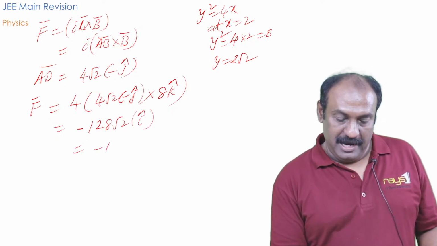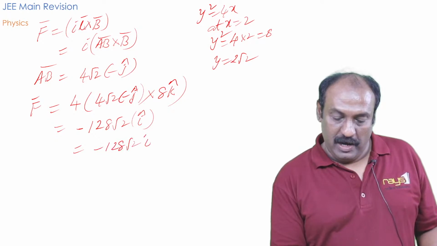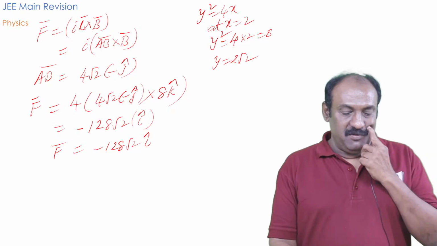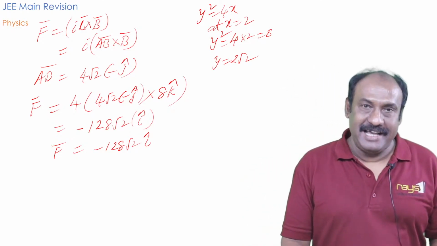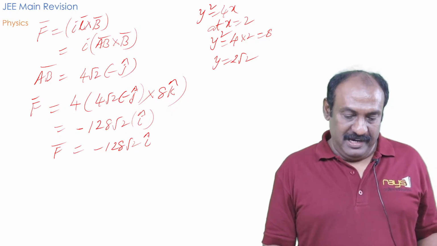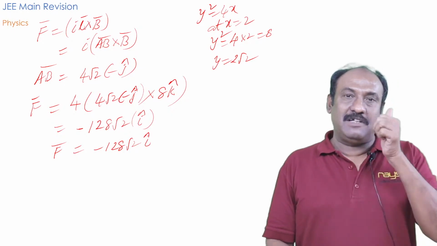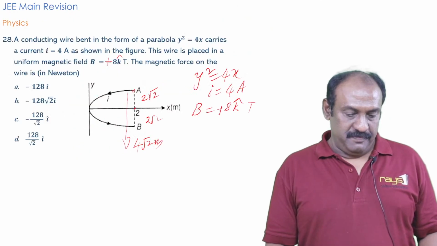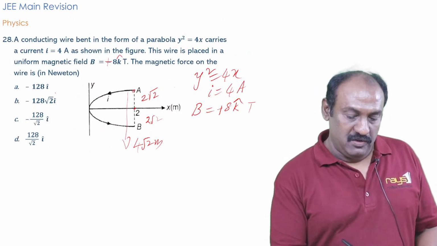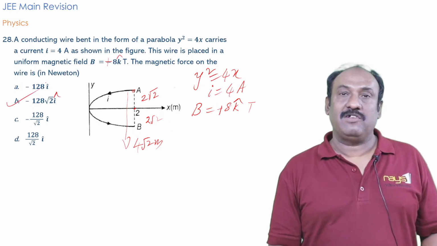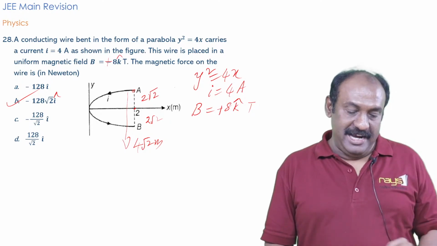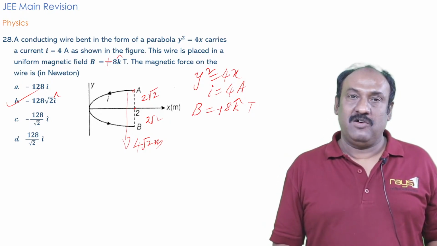That equals minus 128 root 2 I cap, the force vector acting on the current carrying wire kept in a uniform magnetic field, directed out of the plane of the paper. So for question number 28, the answer is minus 128 root 2 I cap.